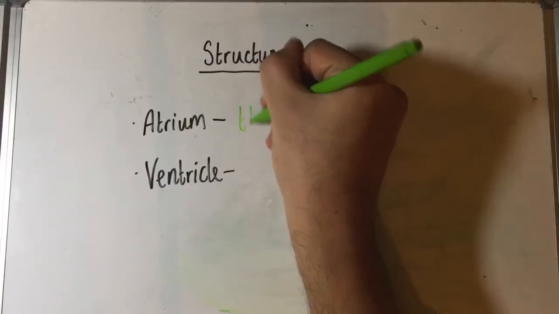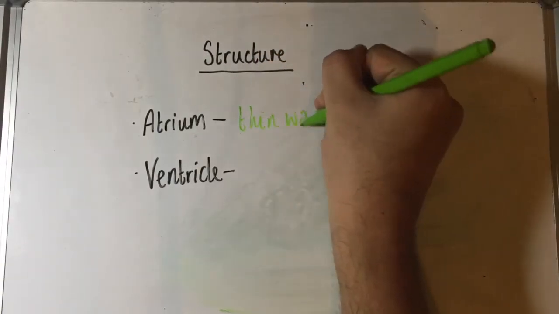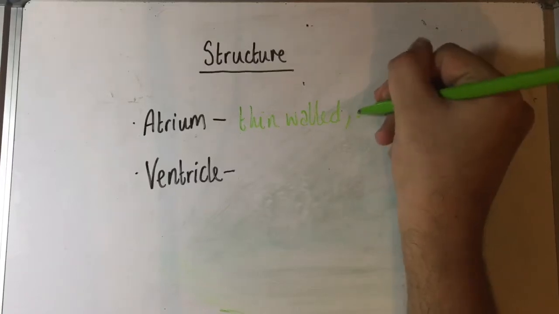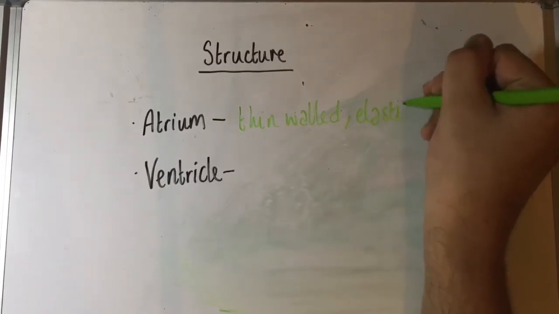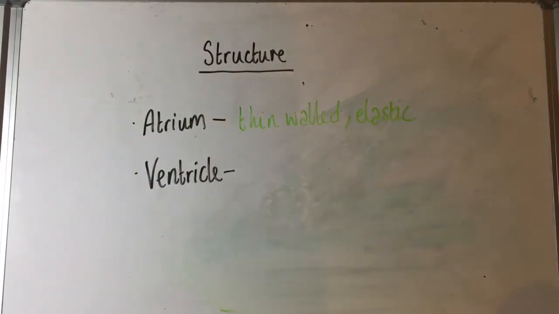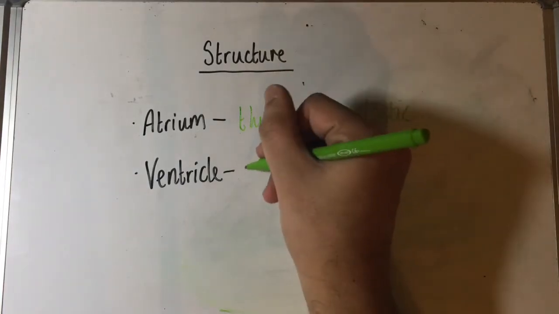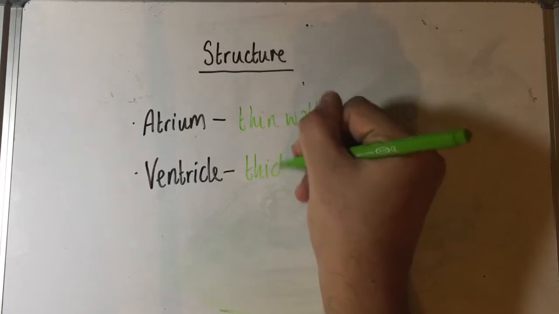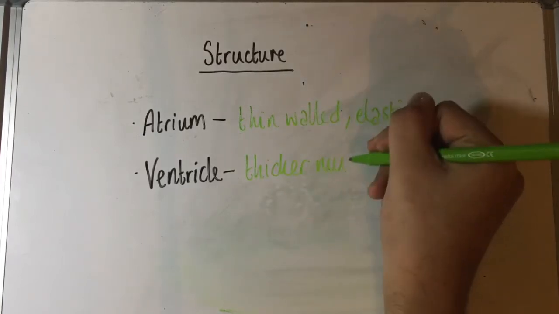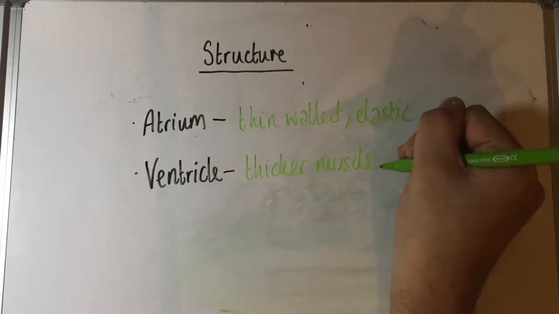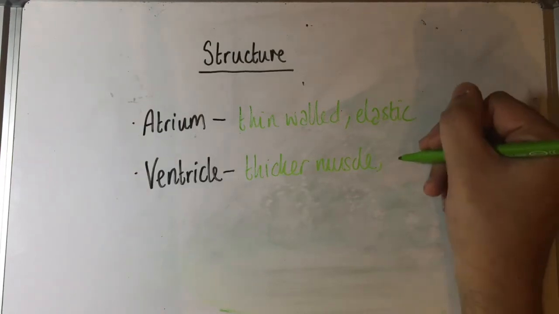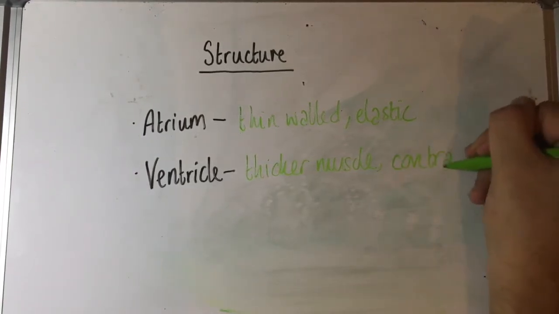It is thin-walled and elastic, so it can receive large volumes of blood depending on the need for it. The ventricle has much thicker muscle, and this is for the contractions to take place.